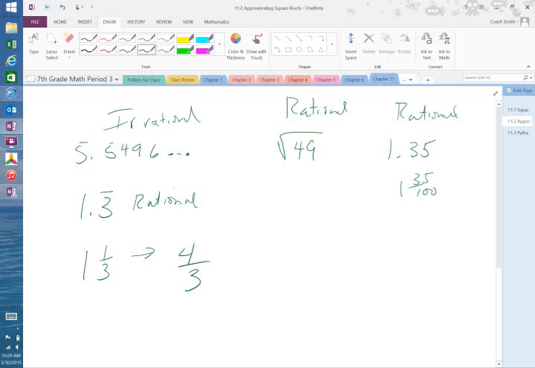So repeating decimal numbers are rational numbers. So a rational number is basically any kind of decimal that doesn't go infinitely. The only ones that are irrational are those numbers that are going to go infinitely. Where we see a lot of irrational numbers, and what we're talking about today, is in square roots.